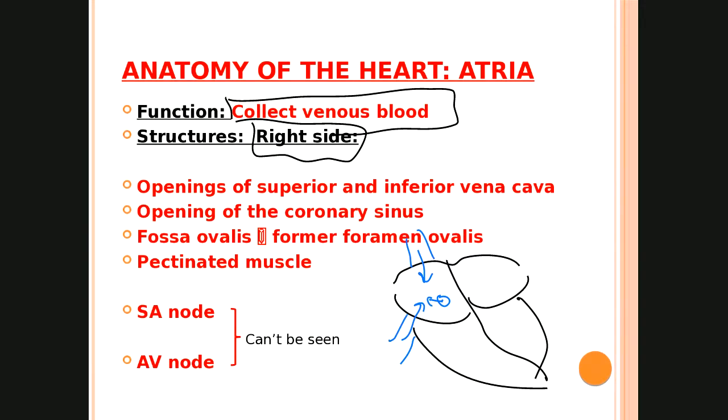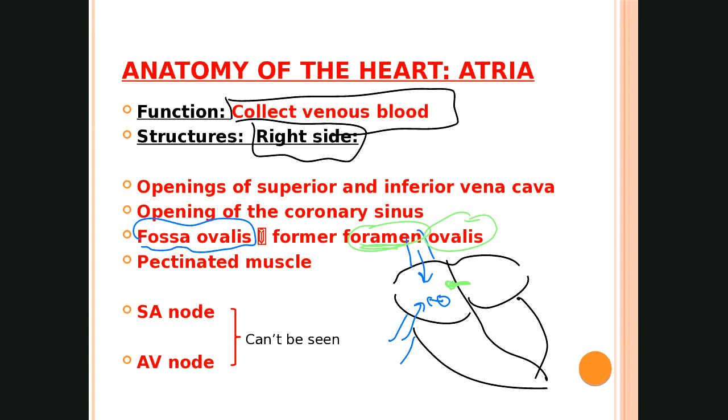Okay. Another feature of the right atrium is a remnant of a fetal heart. In the fetus, the right atria and the left atrium are connected through a hole, which in the fetal heart is called the foramen ovalis. Remember foramen from last semester, meaning hole.